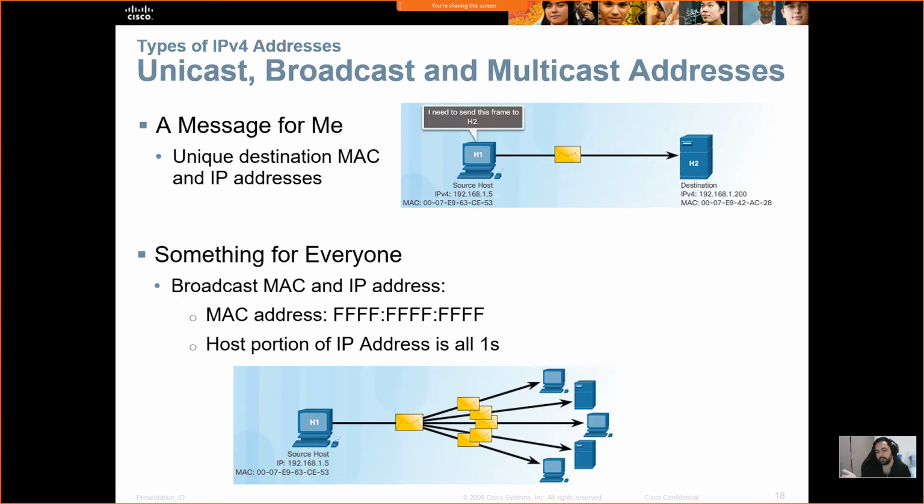Because we know the IP and we don't know the MAC, we need to send a message with the IP that we know and the broadcast MAC address, which is all Fs. So the IP also has a broadcast address. We set all the host bits to 1.